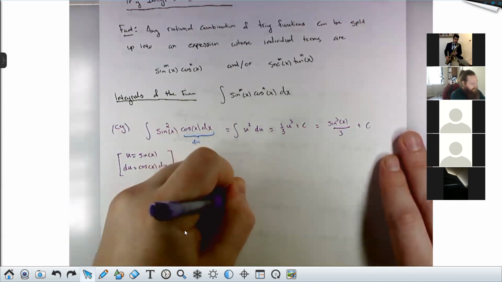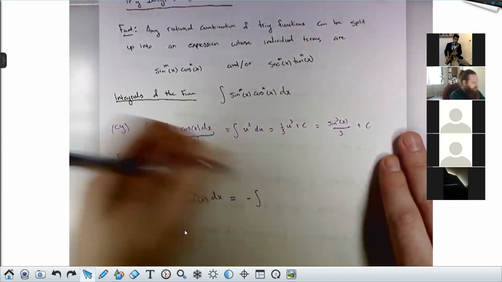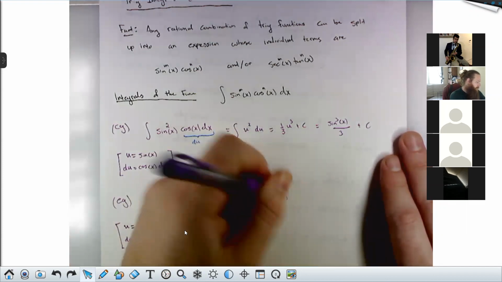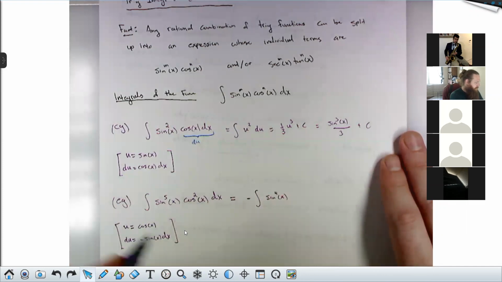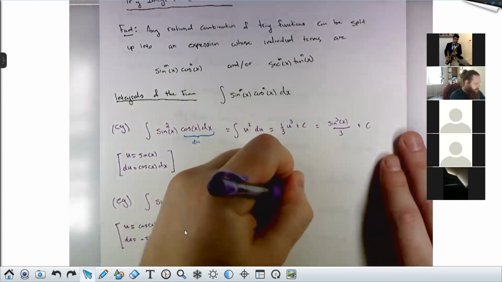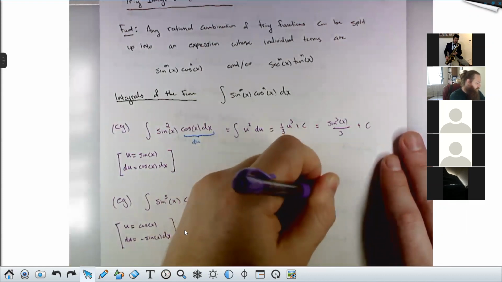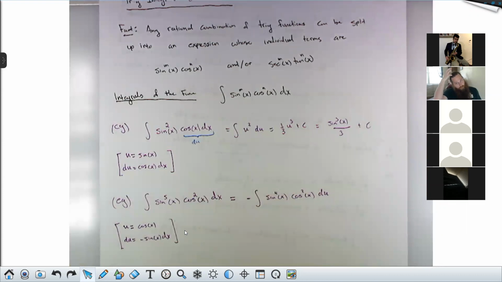So the result is going to be negative integral. I don't like writing this, but I'm going to write it. Sine to the 4x times cos squared is u squared. Maybe I'll just leave that as cos squared x. And then du. So all I've done here is plug in for the differential.